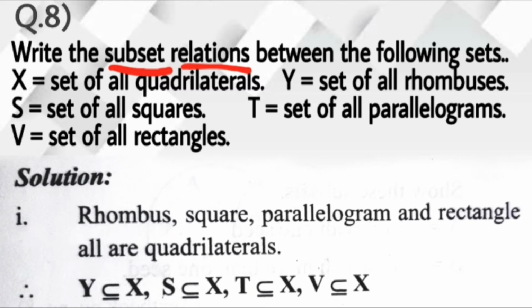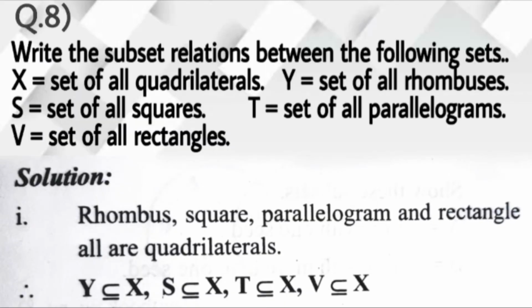First one is set X, the set of all quadrilaterals, set Y, the set of all rhombuses, set S, the set of all squares, set T, the set of all parallelograms, and set V, the set of all rectangles. These are the 5 sets given. Now we have to find the subset relations between all these 5.